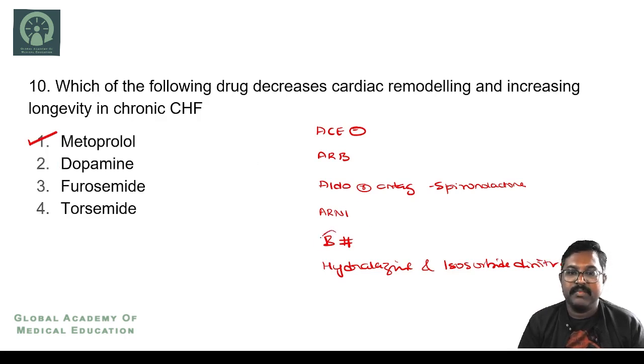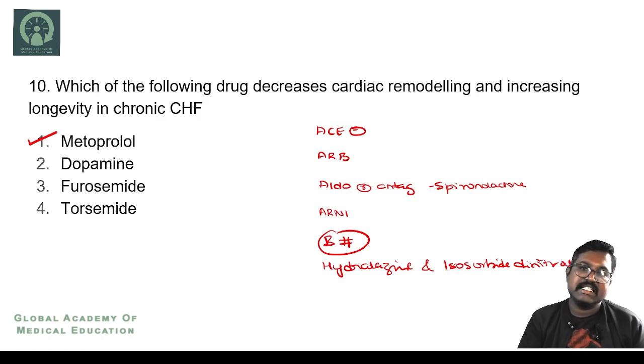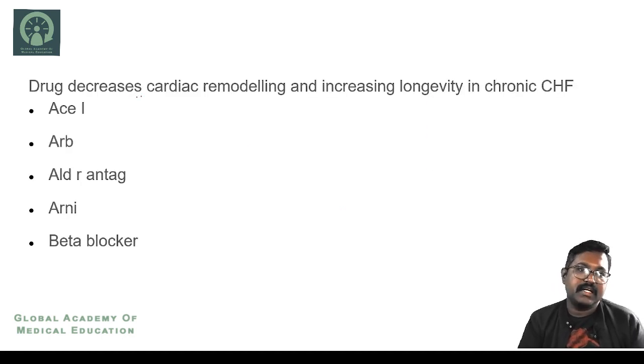Metoprolol is a beta blocker, which decreases the cardiac remodeling and increases the longevity. So the drugs that decrease cardiac remodeling and increase longevity in case of chronic CHF are the ACE inhibitors, angiotensin receptor blockers, aldosterone receptor antagonists, the angiotensin receptor blocker and neprilysin inhibitor combination, that is sacubitril, and we have beta blockers.